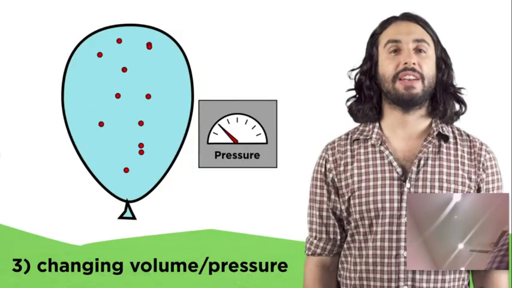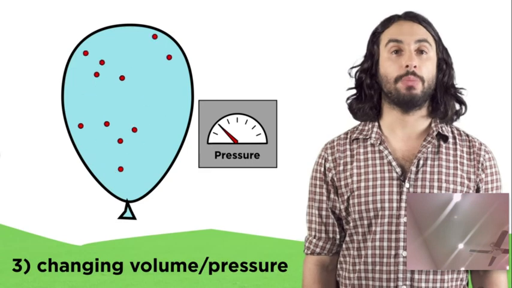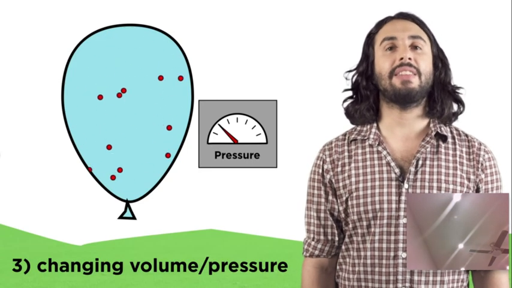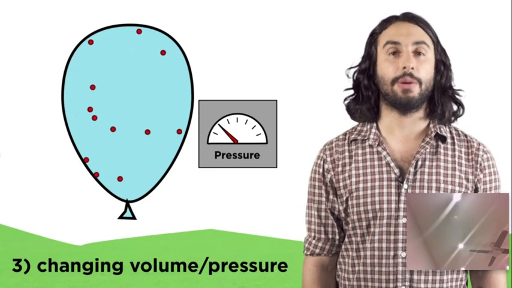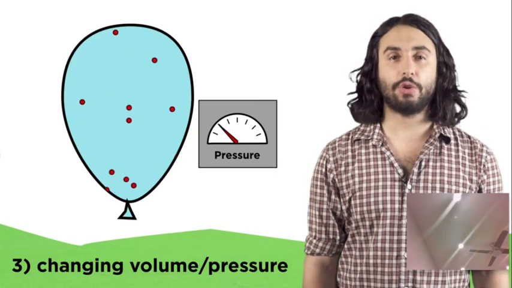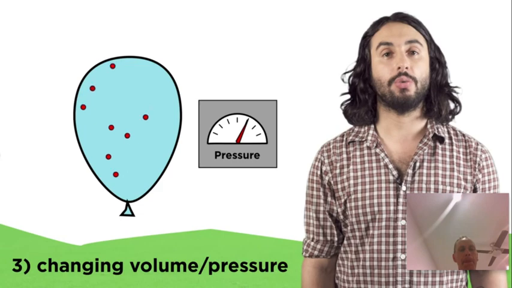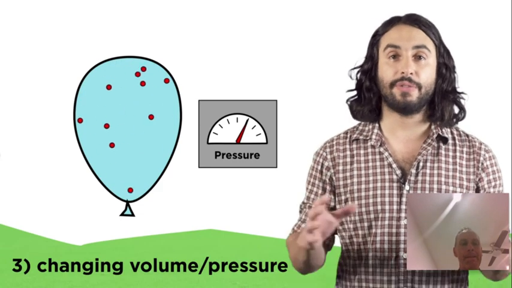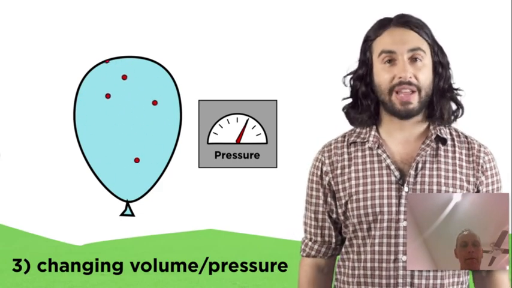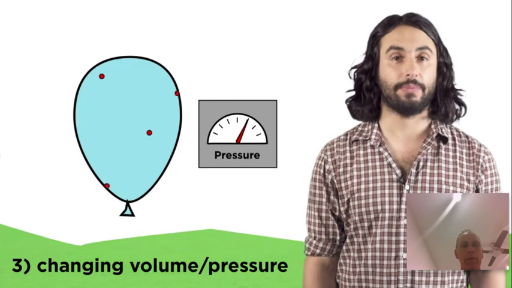The third stress we can examine is changing the volume or pressure. Let's say the equilibrium involves gases in a balloon. What if we decrease the volume? If we remember Boyle's law, we know that the pressure will go up. Since the smaller the volume, the more the particles will hit the sides and exert pressure.